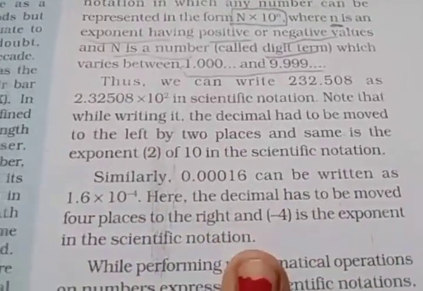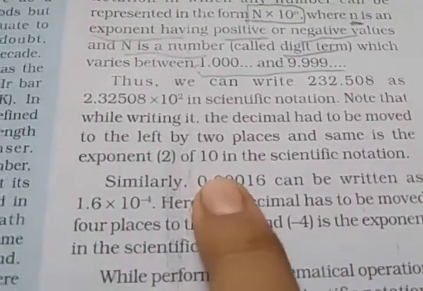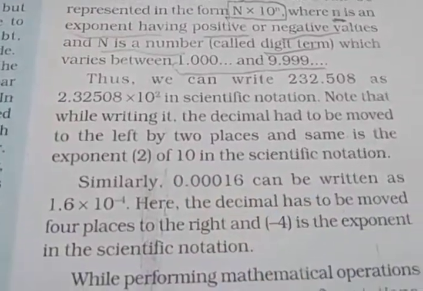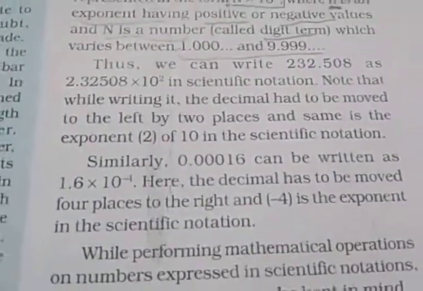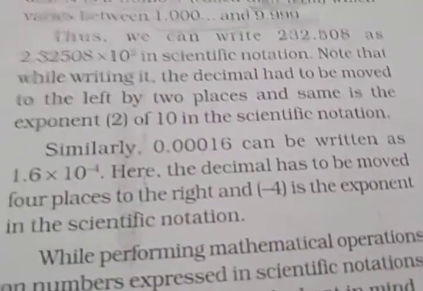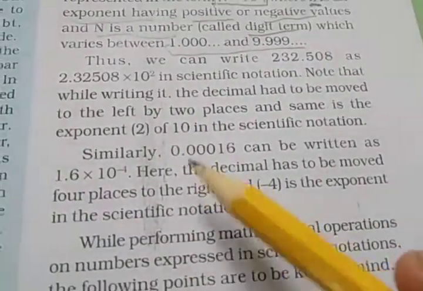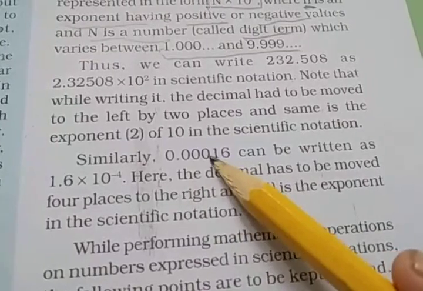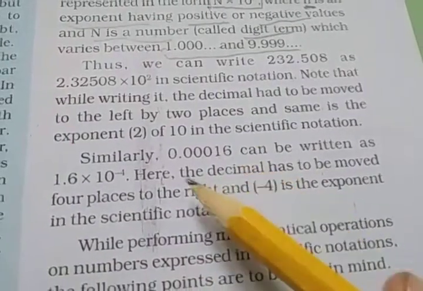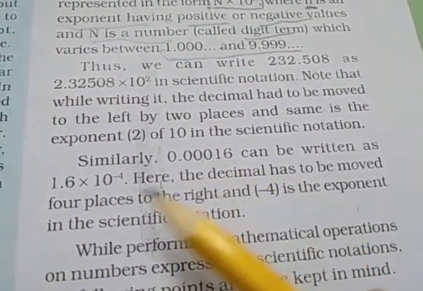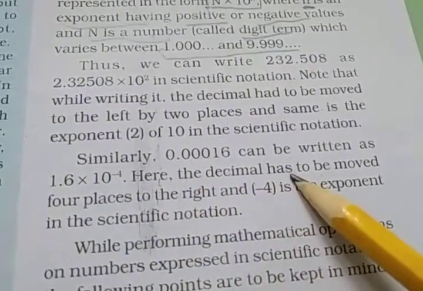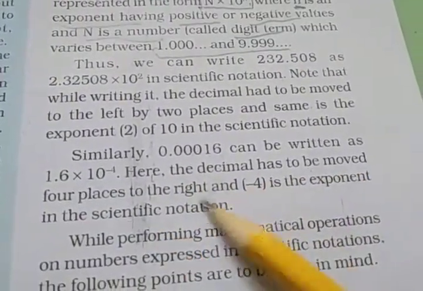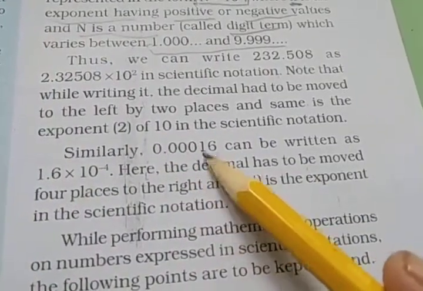In decimal form, given 0.00616, the decimal has to be moved 4 places to the right: 1, 2, 3, 4.